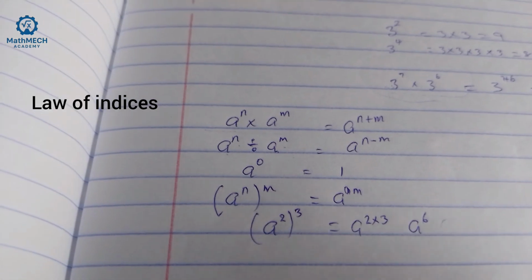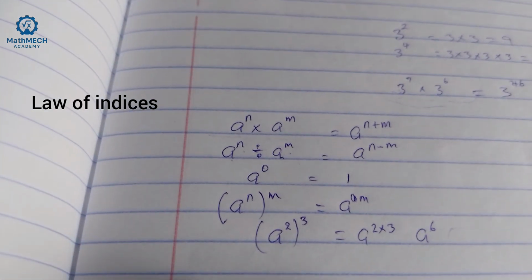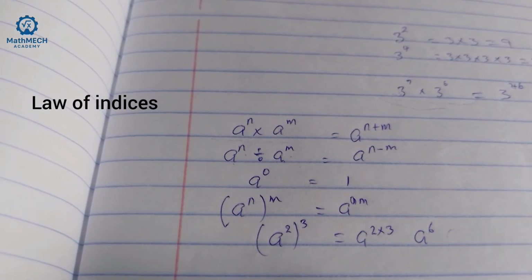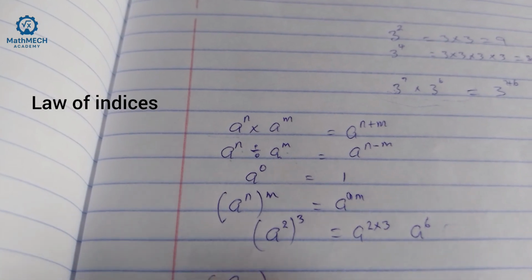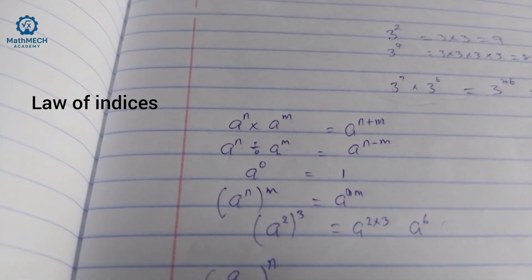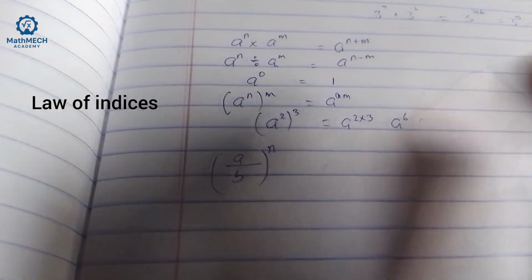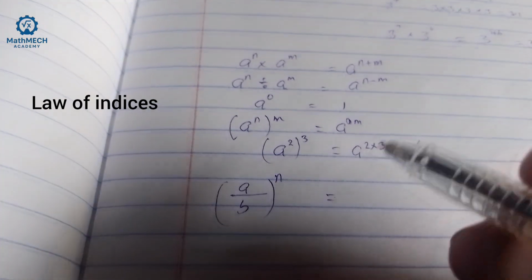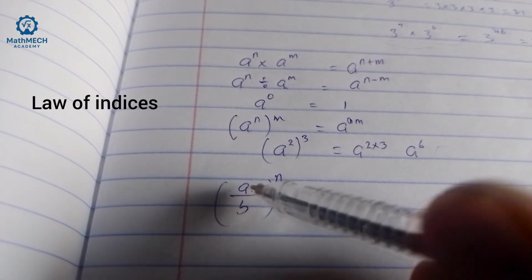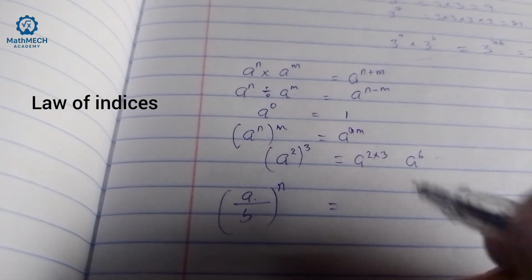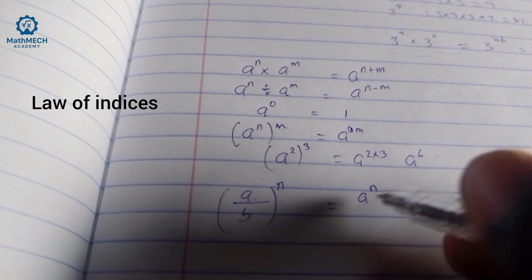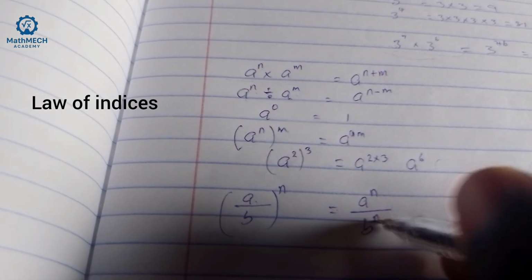And yes, we have other laws. When we have a all over b raised to the power of n, the law that is governing this is that this n will affect both the numerator and the denominator. So it's going to be a raised to the power of n all over b raised to the power of what? n.